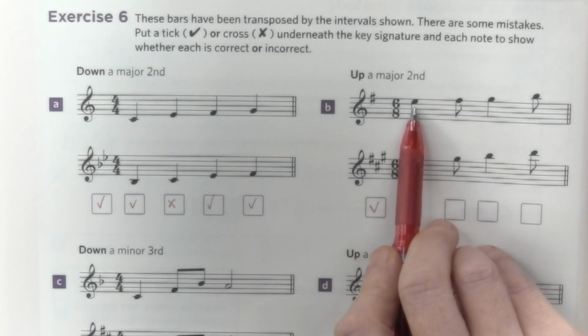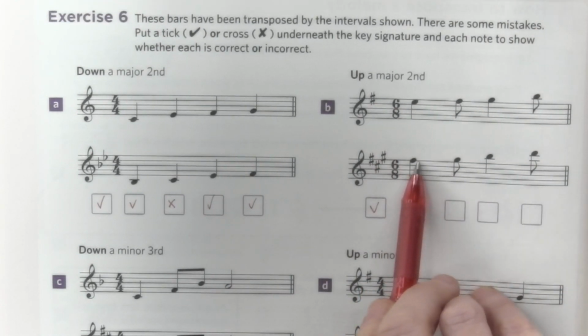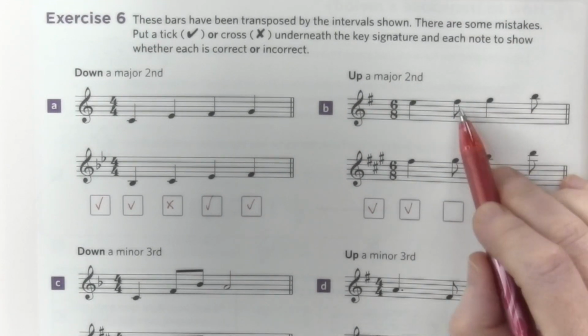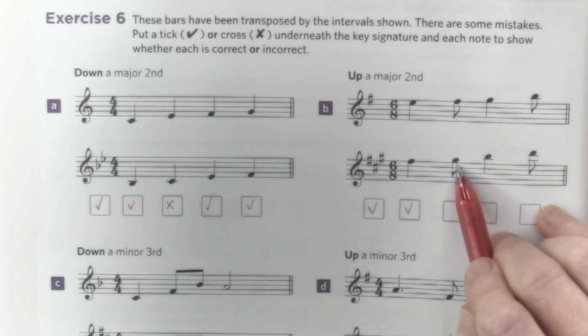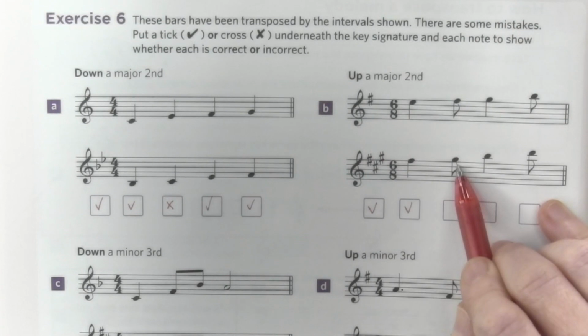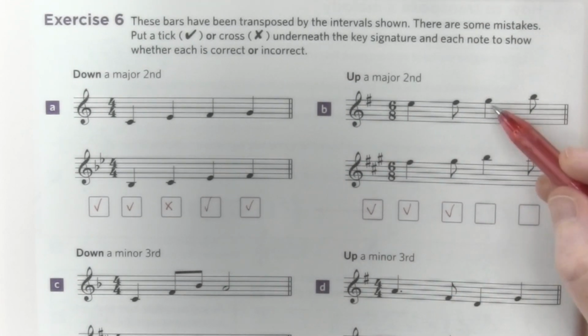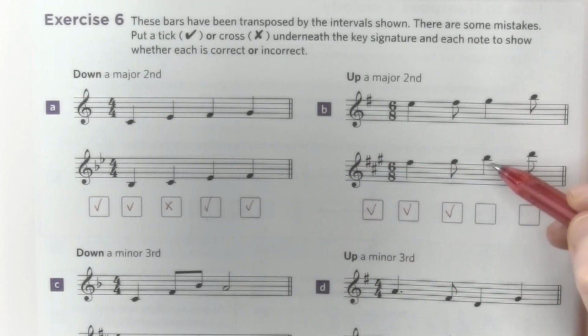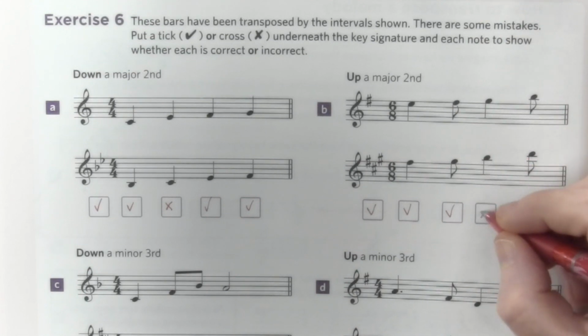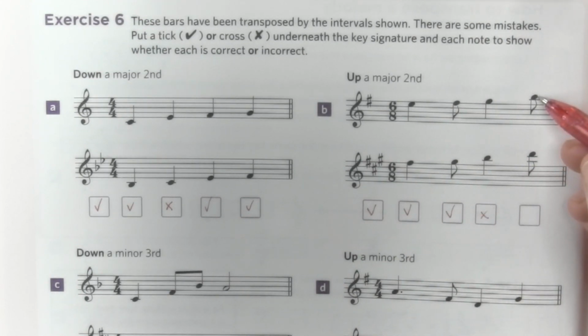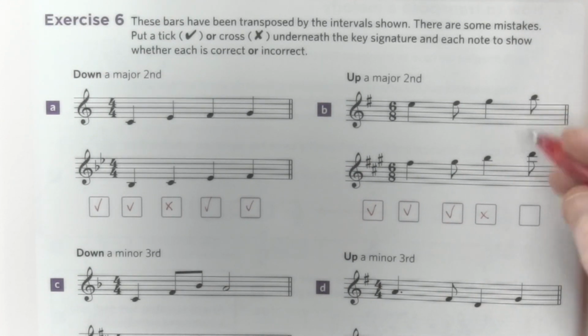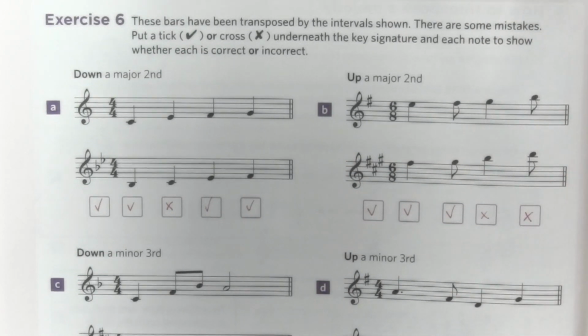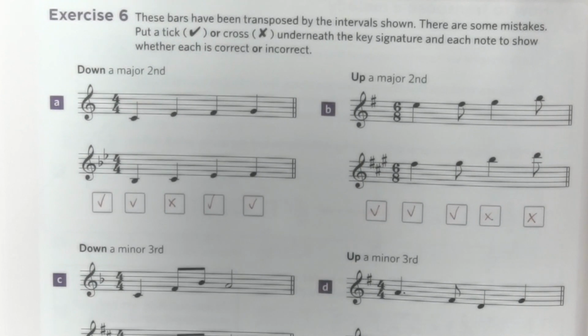Mi plus 1 tone is Fa sharp. Fa sharp plus one tone is Sol sharp. Sol plus one tone is La, and this is incorrect. And B plus one tone is C sharp, and this is incorrect because it's D. Easy.